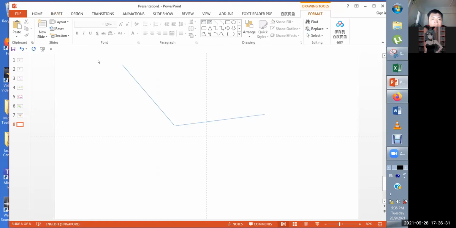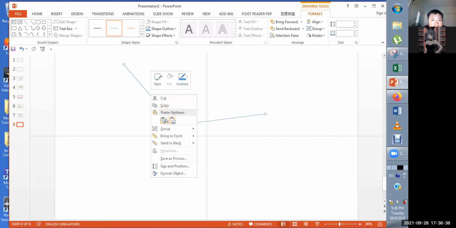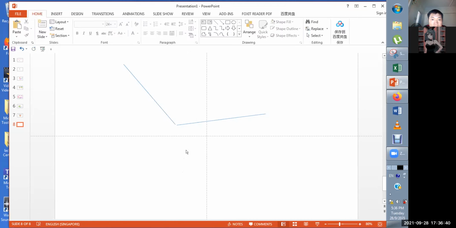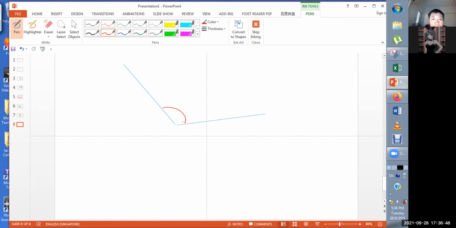Okay, I don't have a projector with me, so just let's assume this. Let's assume this angle is 120. Okay, so let me label. This is A, this is B, point B, this is C.